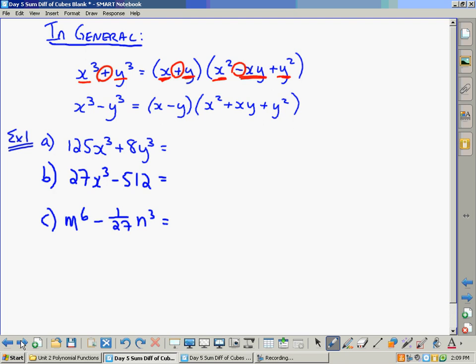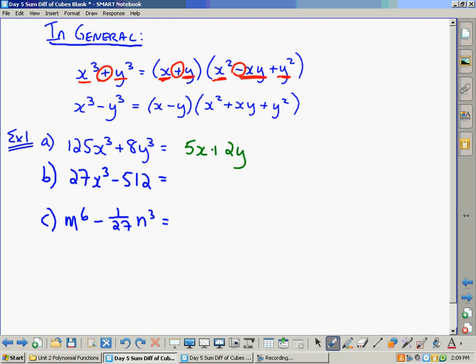So A, 125x cubed plus 8y cubed. Following the pattern, cube root of the first, 5x. Cube root of the second, the cube root of 8, is 2y.